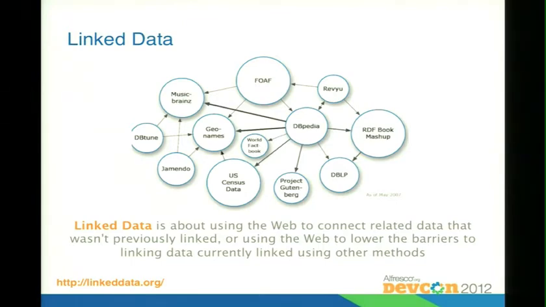DBpedia is Wikipedia, but in a semantic web format. So we can use it with our software. So we can get the information from Wikipedia in a standard format, let's say.